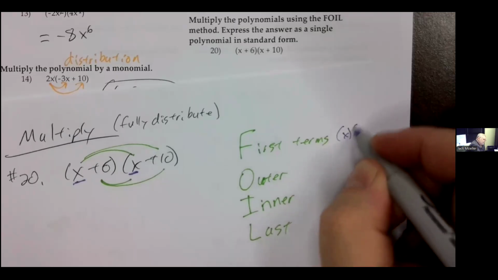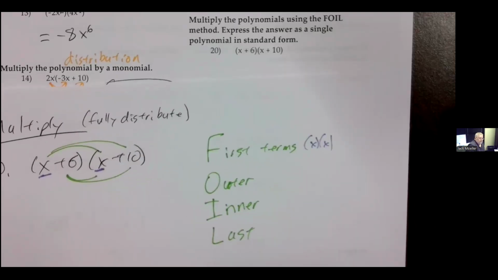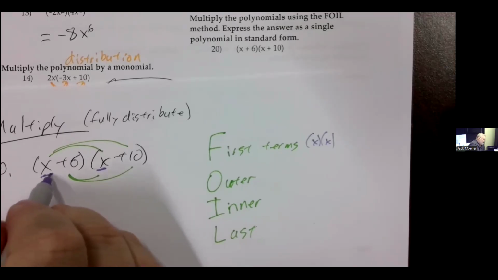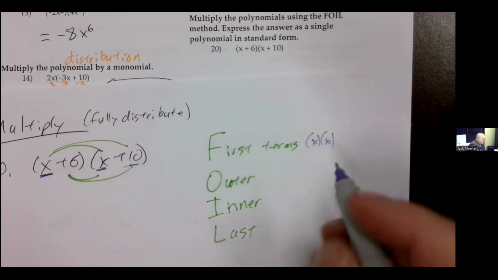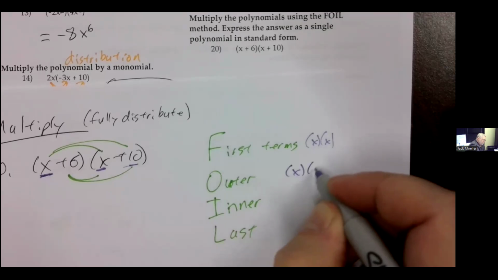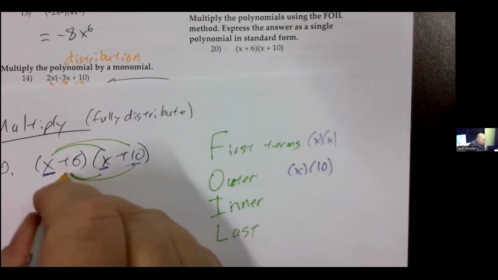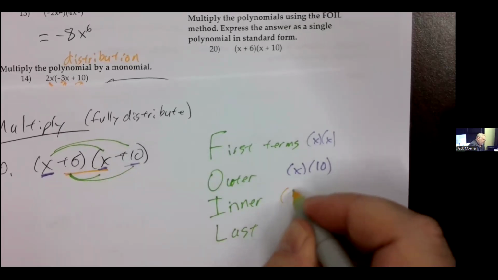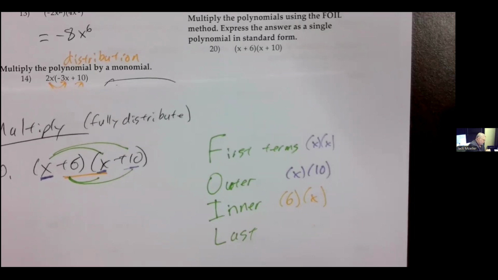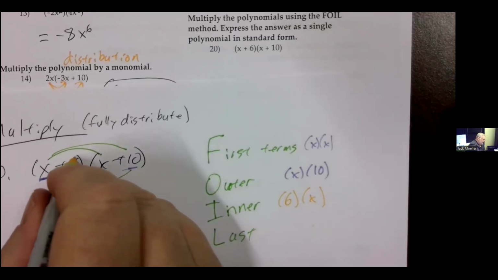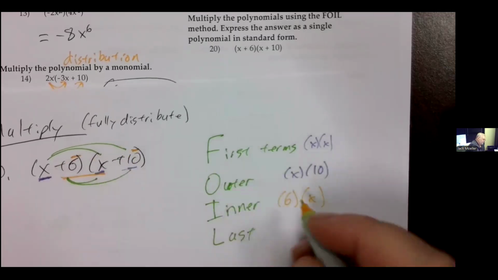That is x times x. The outer terms are what's on the outside, so the x and the 10. The inner terms are the inside, so the ones that are close together. That would be 6 times x. And then the last terms are the last terms. That would be the 6 and the 10.